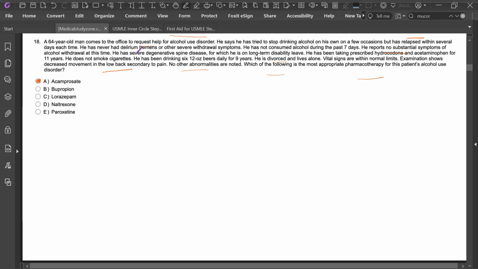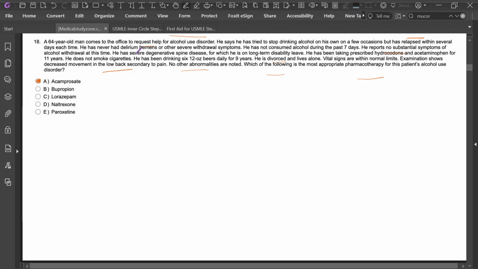Patients with moderate to severe alcohol use disorder may benefit from daily medication. Commonly used medications include naltrexone, acamprosate, disulfiram, and gabapentin.